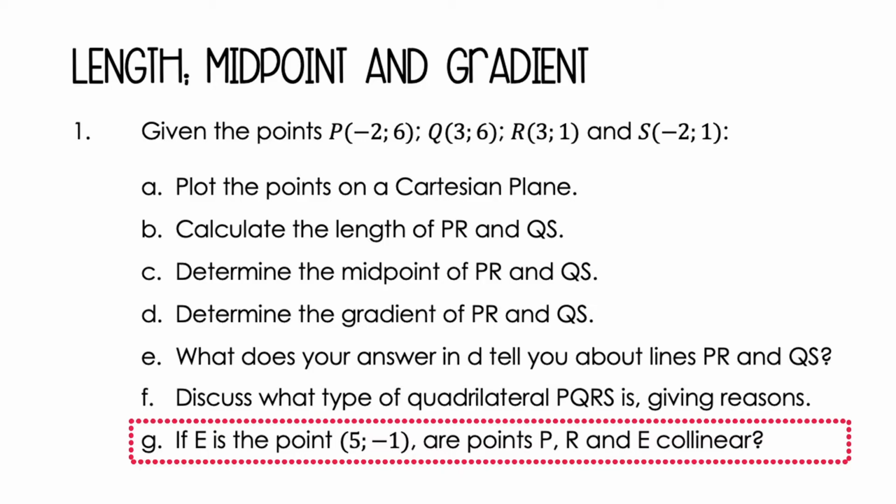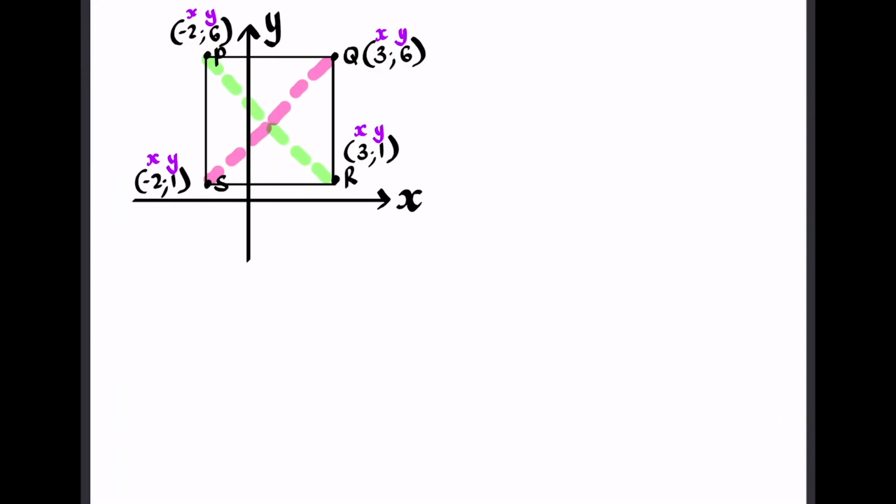P, R and E. Alright, so if we're looking at P, R and E, for them to be collinear would mean that they would need to lie on the same line. So collinear points mean that they lie on the same line together. Now, if they're collinear, that means that the gradients will be the same.